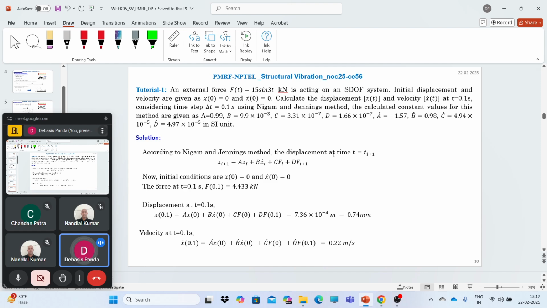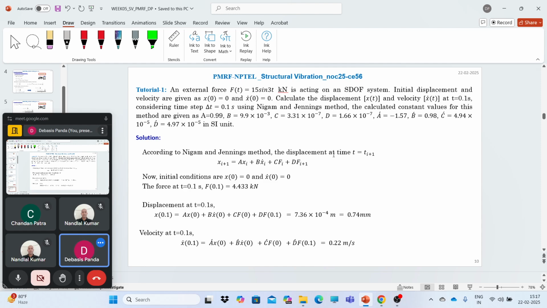So here we need to calculate the response at 0.1 second. That means first we need to calculate the force at 0.1 second. So what will be the force at 0? Obviously 0. What will be the force at 0.1 second?